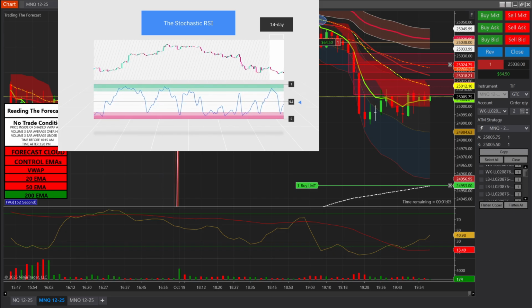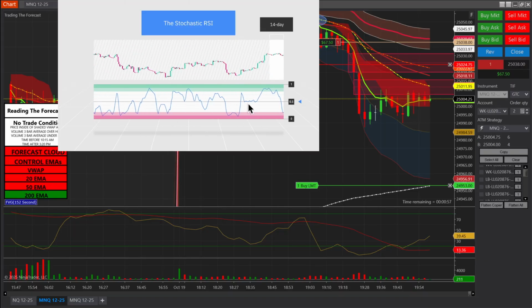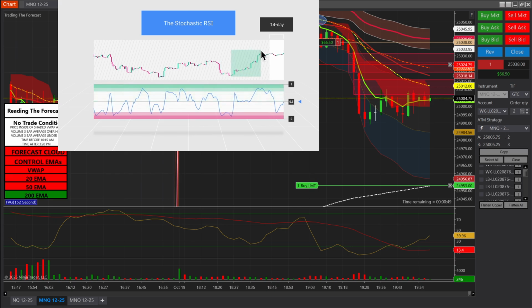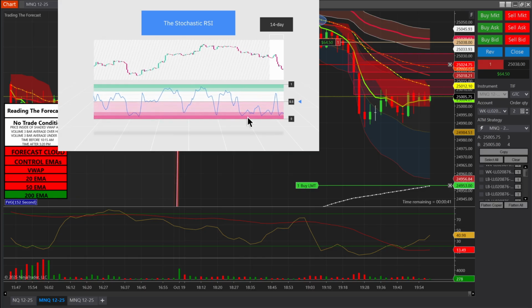Other than that, readings that are closer to the center line, 0.5, can also provide insights about market trends. For instance, when the center line acts as a support and the stochastic RSI line moves steadily above the 0.5 mark, it may suggest the continuation of an upward trend, especially if the line starts to move towards the 0.8 mark. Likewise, readings consistently below 0.5 and trending towards 0.2 may indicate a downward market trend.